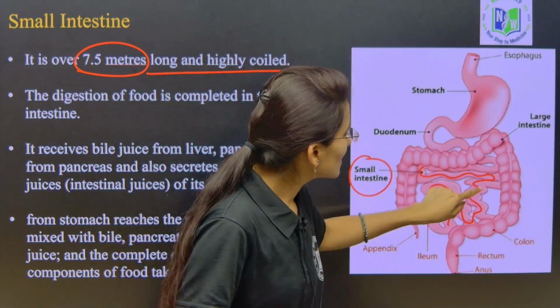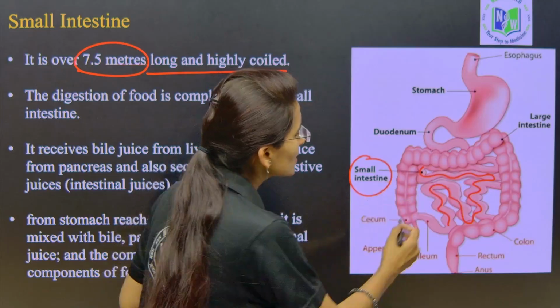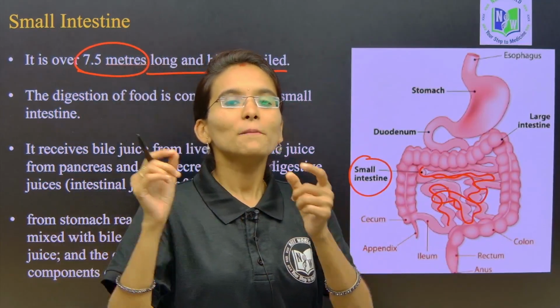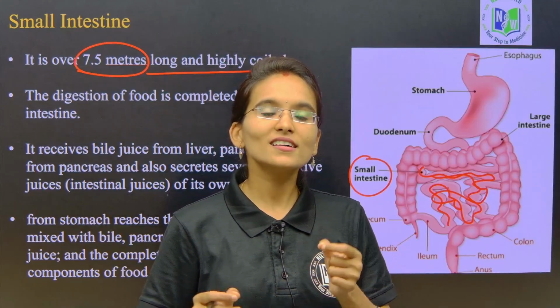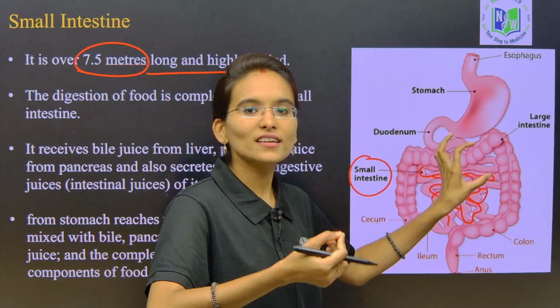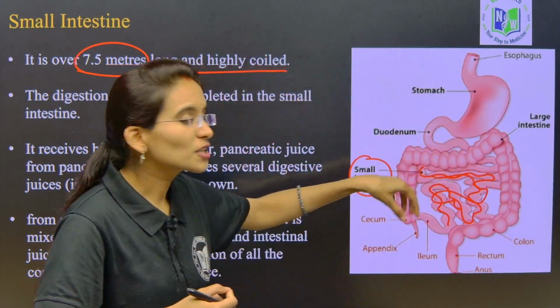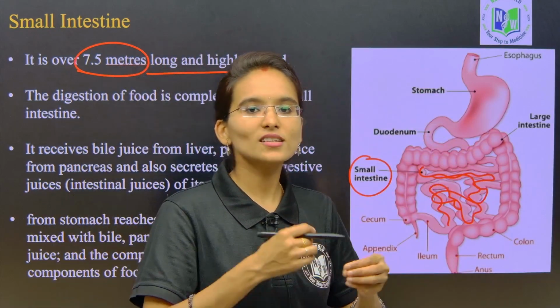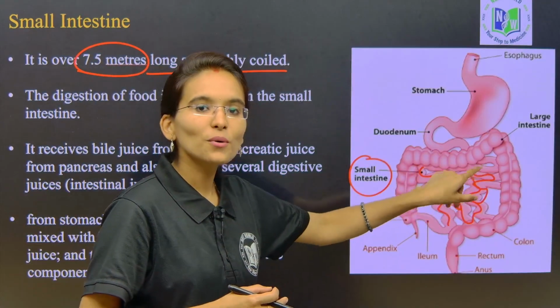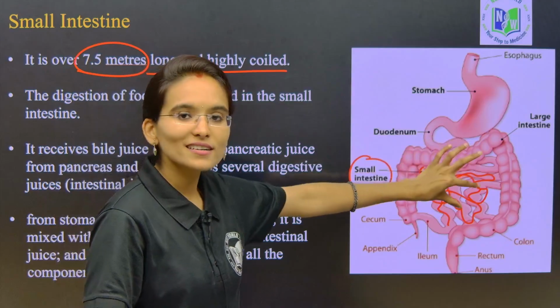Now the small intestine receives bile juice from the liver and pancreatic juice from the pancreas, and after receiving them, the food is mixed with the bile juice and the pancreatic juice, and the complete digestion takes place in the small intestine itself.